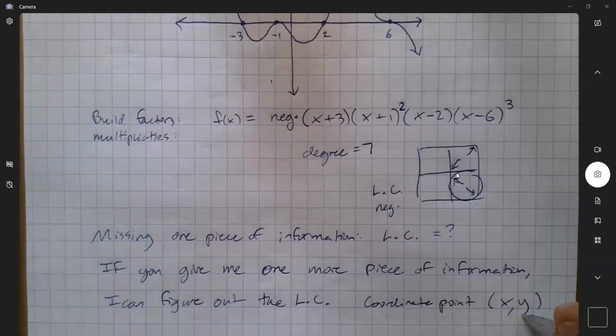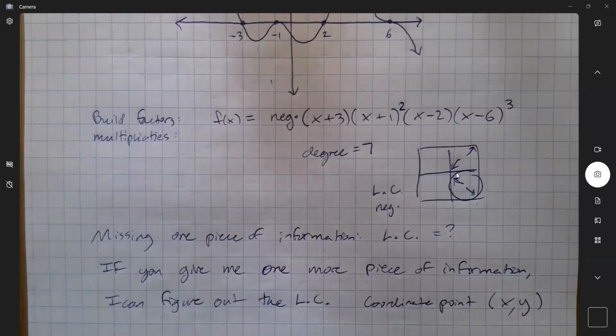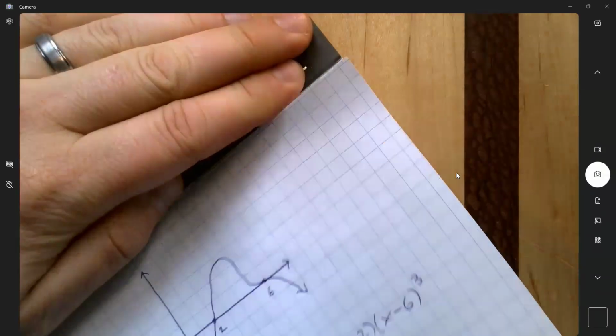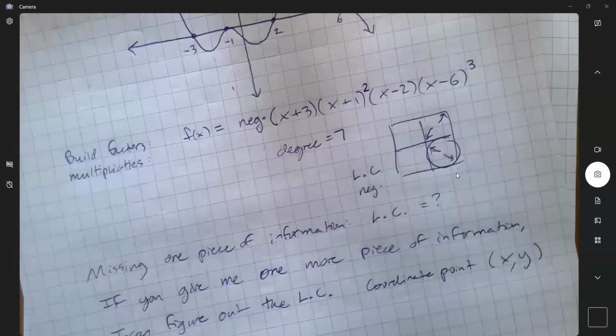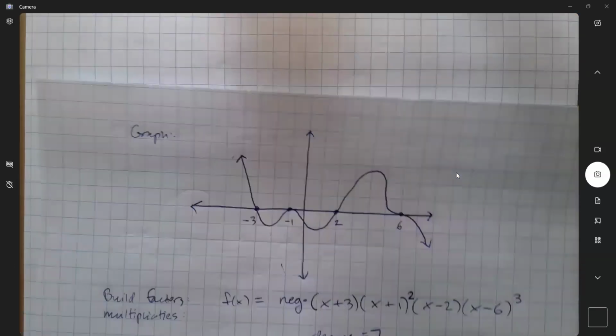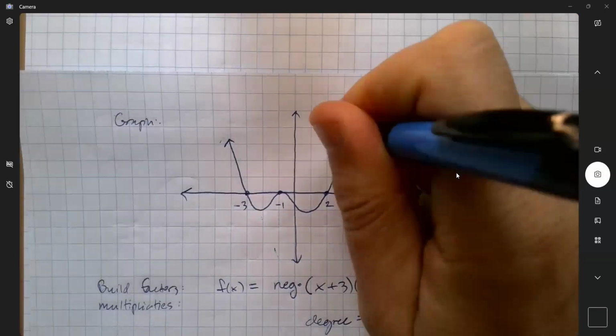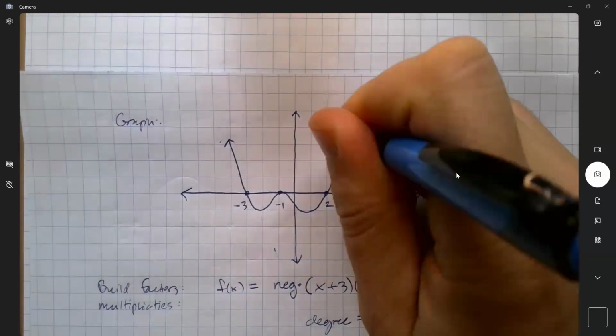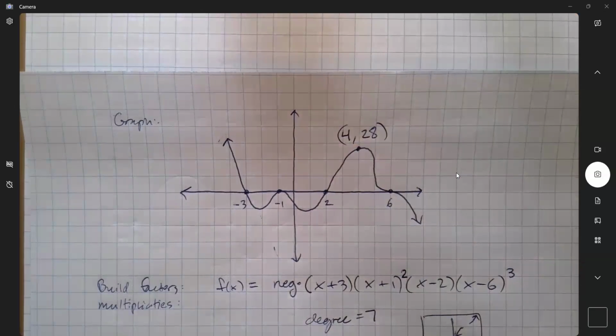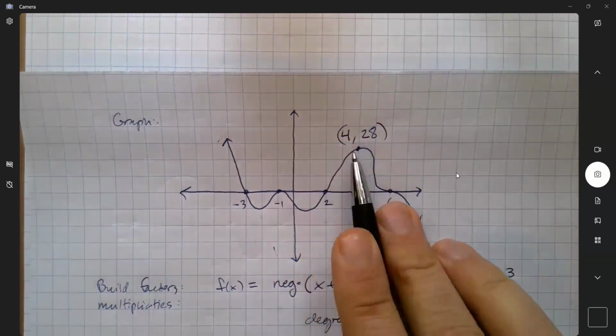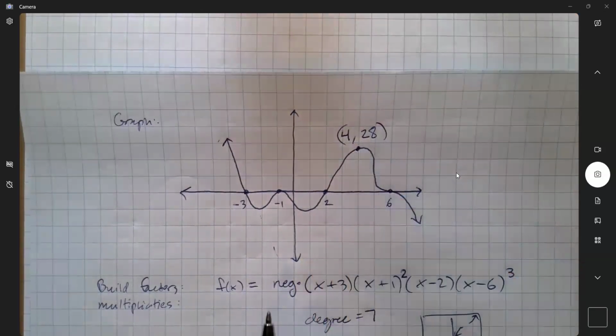So here's my extra piece of information. I tell you that when x is 4, y is 28. And that additional piece of information is going to be enough to know the leading coefficient.